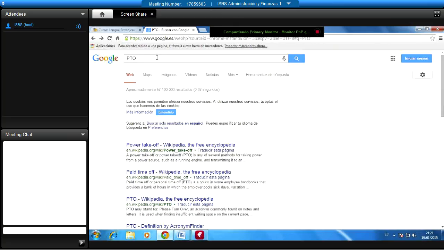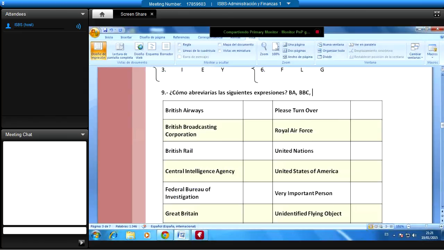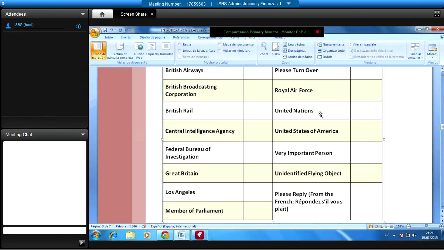So you have information here and information here. In this part of the page, you have PTO, which means please turn over. So it's like a reminder that you have to continue reading on the other side of the sheet, on the next page. This is the meaning of PTO.